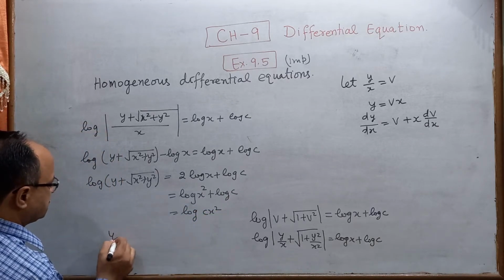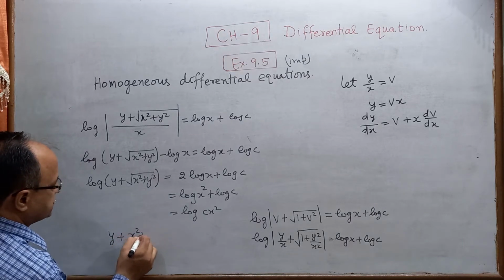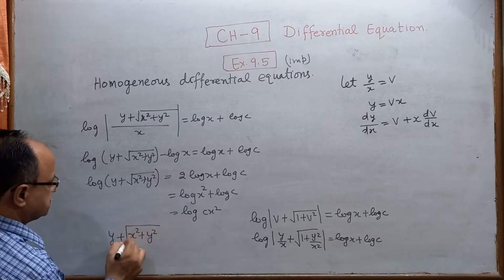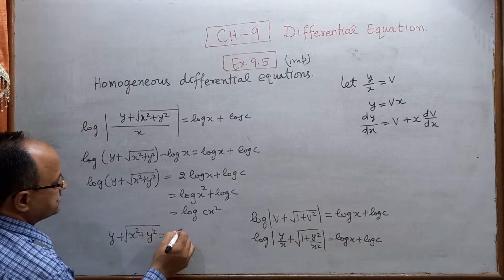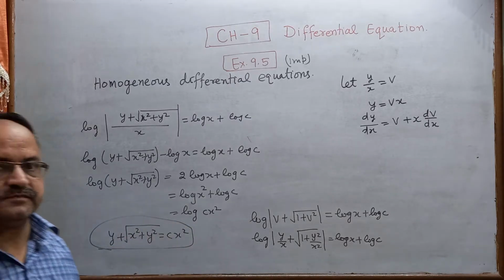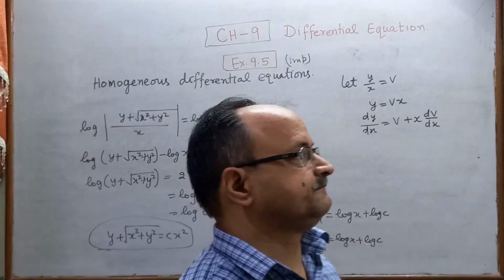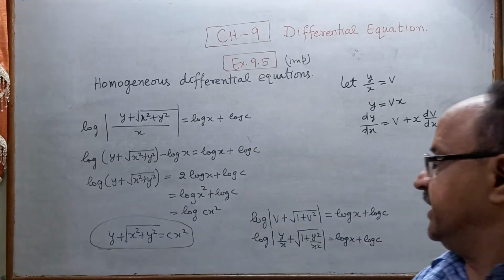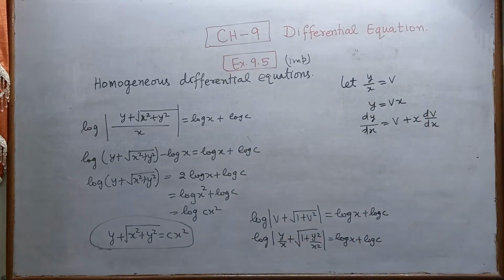On comparing, y plus root x square plus y square is equal to c x square. This is the answer of this question. Correct? Check again. Very important question. Clear?